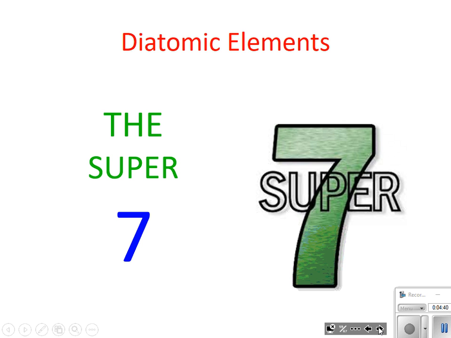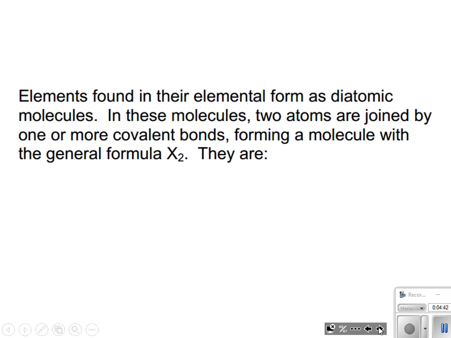Okay? And that just simply means that chlorine is a diatomic molecule. So when we talk about the Super 7, we are talking about elements that are found in their elemental form as diatomic molecules, which just simply means that these are two atoms joined together by one or more covalent bonds that form a molecule with the general formula X subscript 2.